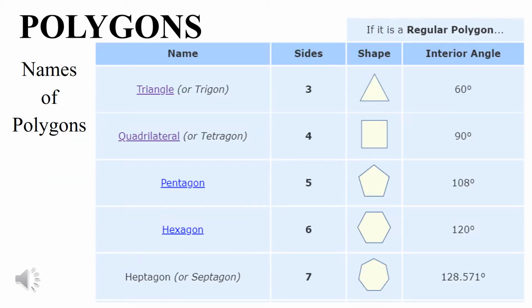Names of polygons. If it is a regular polygon, triangle or trigon has three sides, interior angle is 60 degrees, quadrilateral or tetragon has four sides, interior angle is 90 degrees, pentagon has five sides, interior angle is 108 degrees, hexagon has six sides, interior angle is 120 degrees, heptagon or septagon has seven sides, interior angle is 128.571 degrees.